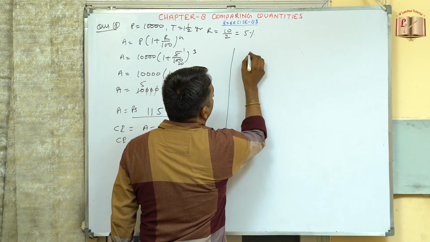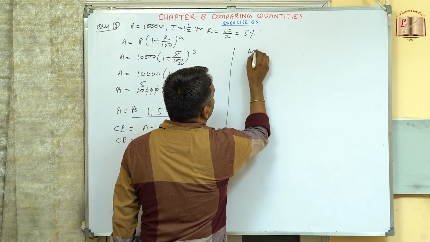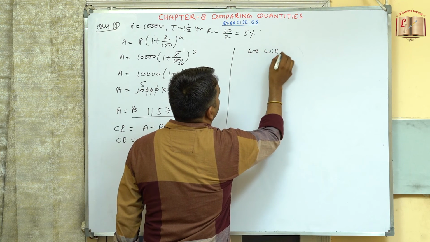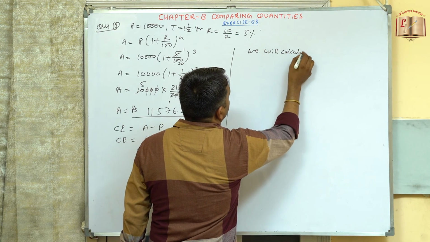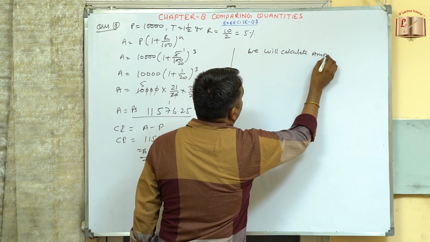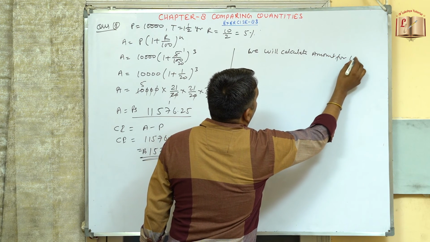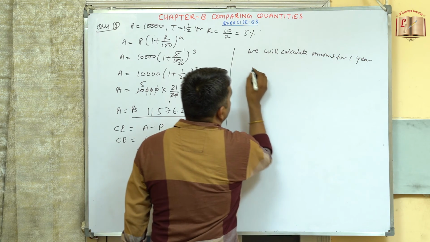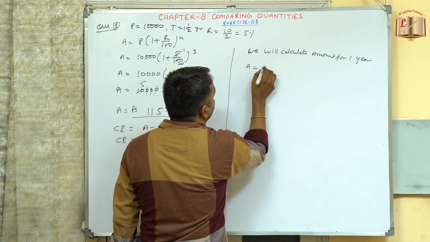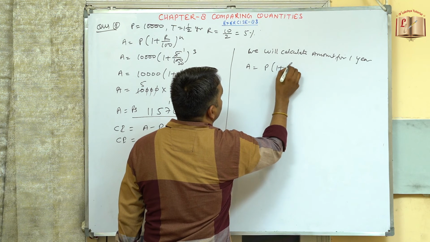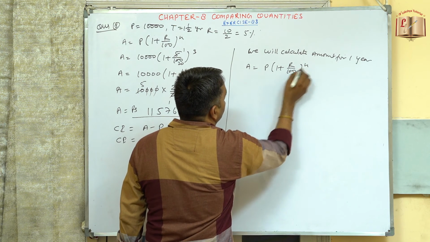For annually, we will calculate the amount for 1 year. So A equals P times (1 plus R by 100) to the power n.